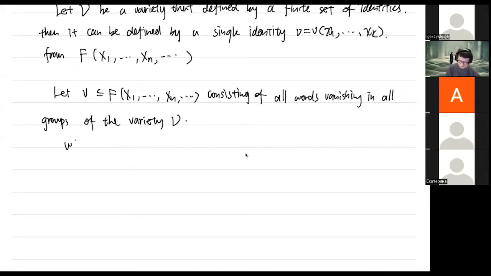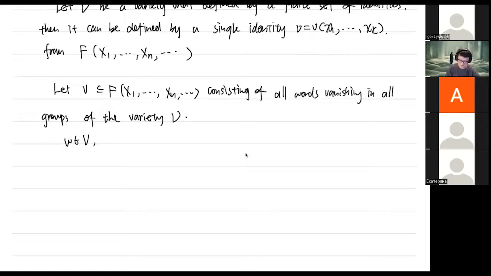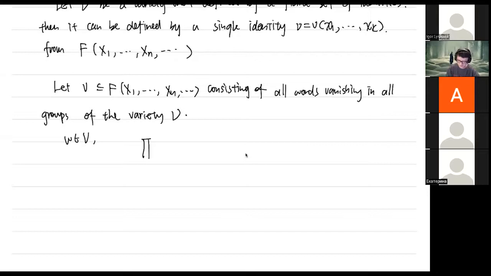And any word inside this verbal subgroup will look like this. Basically it's a product of conjugates of words of this form V. So basically we plug in different elements of the generating set, and we get, here i is from 1 to n, W equal to such a word.